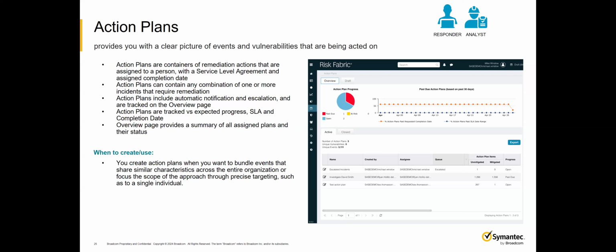Those action plans are then associated with individuals that then can see a visible workflow of how those incidents have moved through that escalation and review process. I'll drop into them and you will see it in the demo, but essentially it's the internal workflow for the ICA platform.